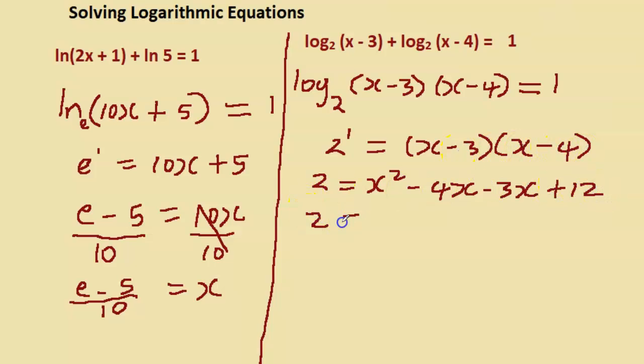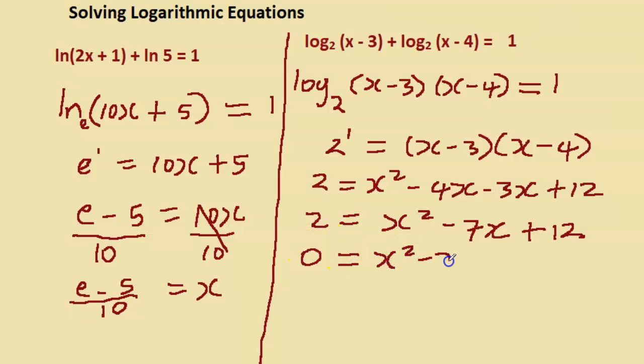So we end up with x squared minus 7x plus 12. Subtract 2 from both sides. So we end up with 0 equal to x squared minus 7x plus 10. I skipped a step there. We subtract 2 from here, so it's 12 minus 2. And that's how I get this 10 here.